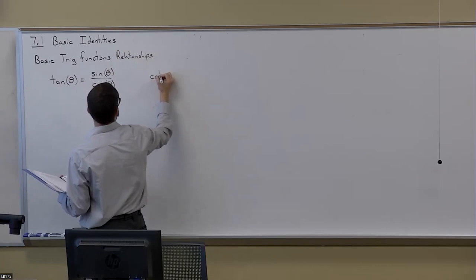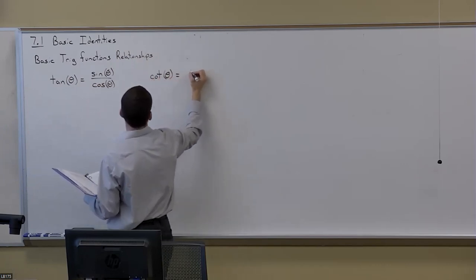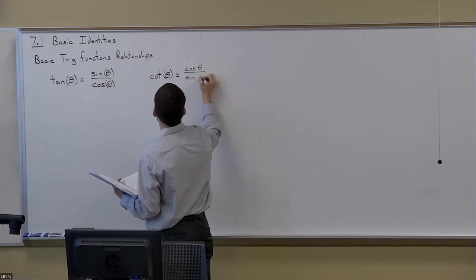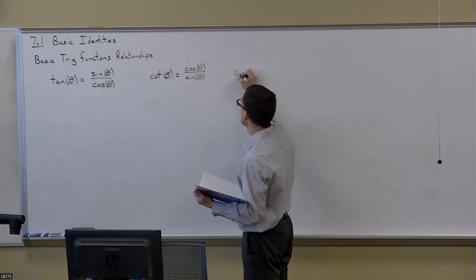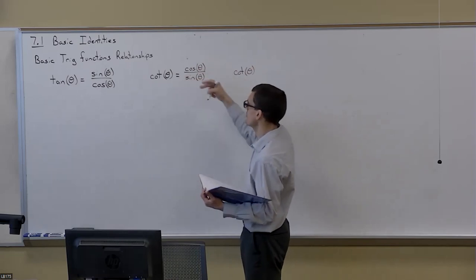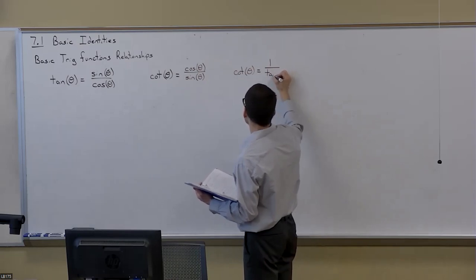We also know that cotangent of theta is the reciprocal of that. We also know that cotangent of theta, since it's the reciprocal of tangent, is 1 over tangent of theta.